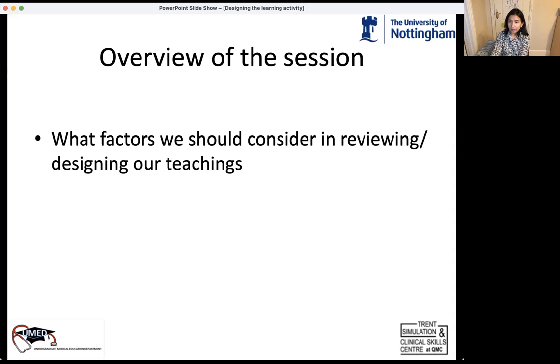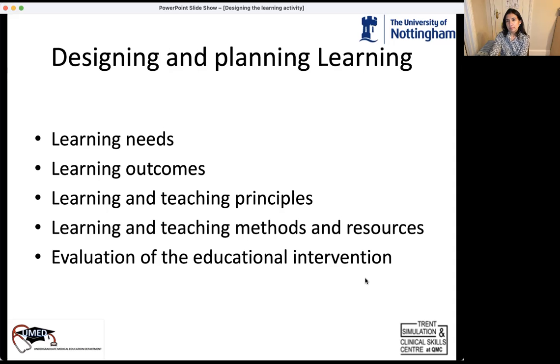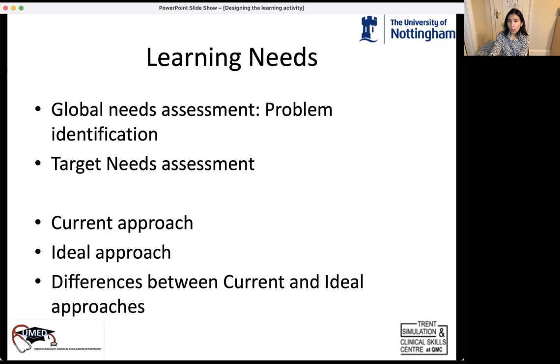So what factors should we consider in designing a teaching session? Yes, we consider these 5 things. Start with learning needs. Ask yourself, why do these topics need to be learned? Is this in their curriculum or is it a common problem? This is a global needs assessment.